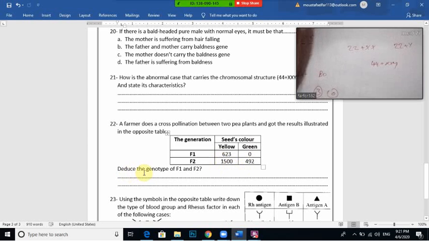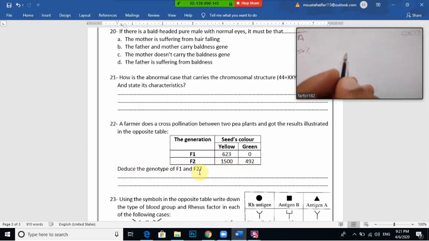Deduce the genotype of the first generation and second generation. The genotype of the first generation must be Y capital, Y small. And the second generation would have genotypes Y capital Y capital, Y capital Y small, and Y small Y small.